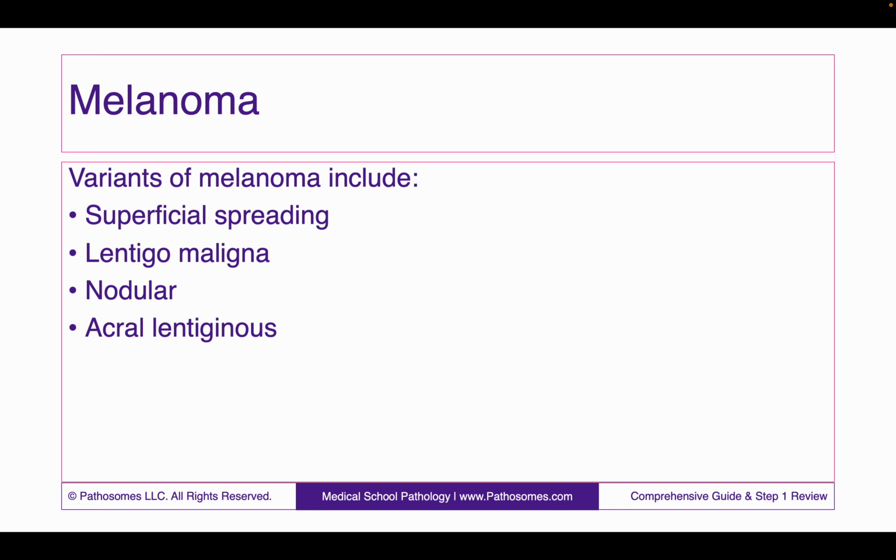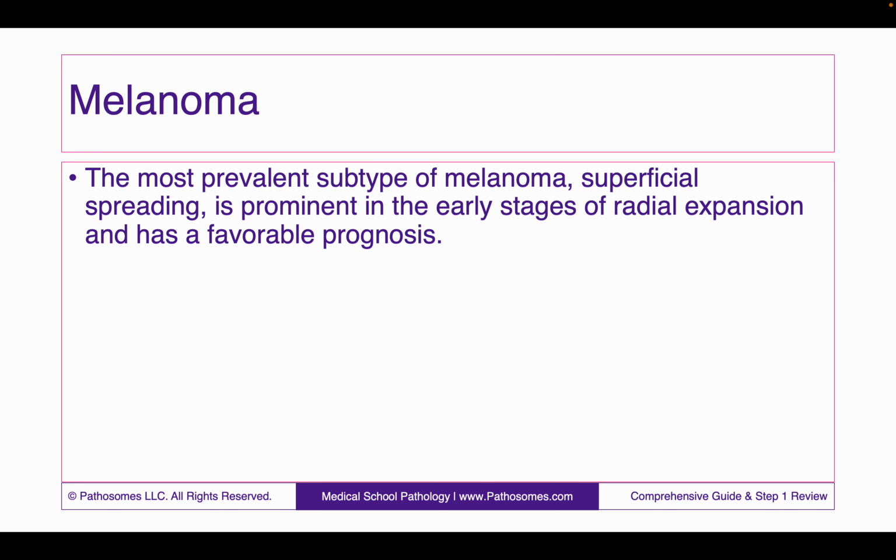Variants of melanoma include superficial spreading, lentigo maligna, nodular, and acral lentiginous. The most prevalent subtype of melanoma, superficial spreading, is prominent in the early stages of radial expansion and has a favorable prognosis.